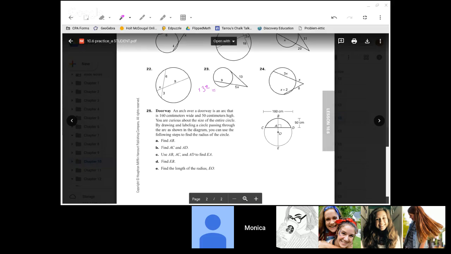Now on the secant part of it, we have the outside times the whole thing. So what's the outside part of it? And then what's the length of the whole secant? 5x plus 9.